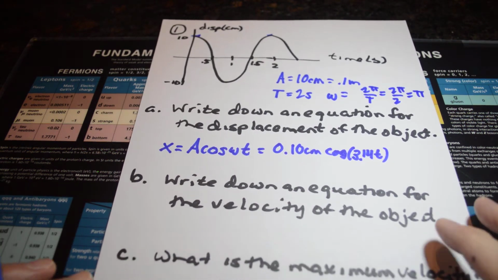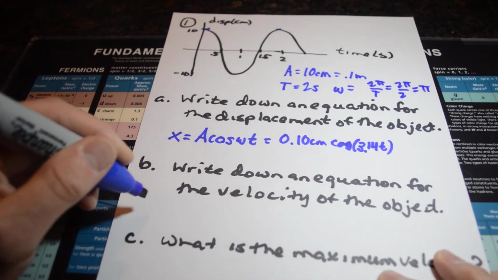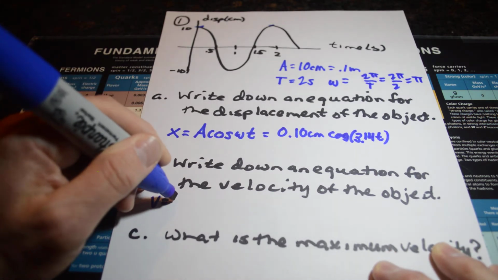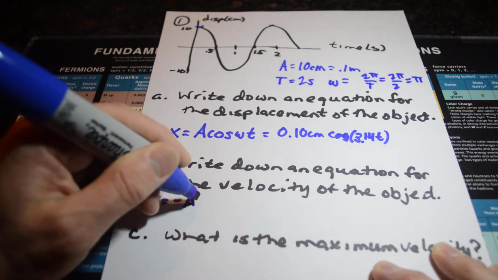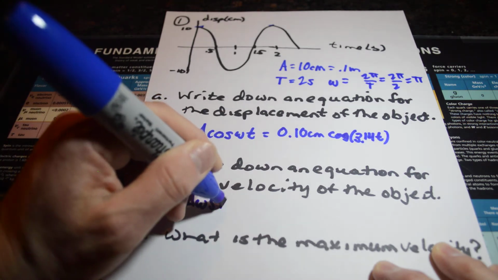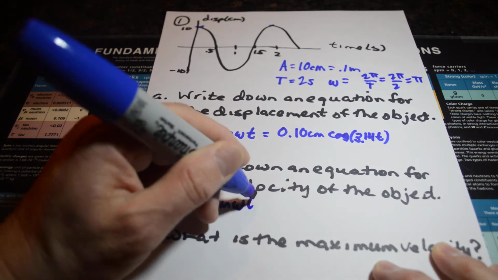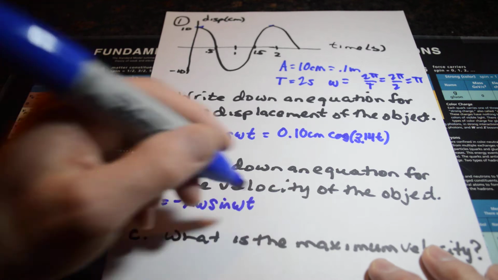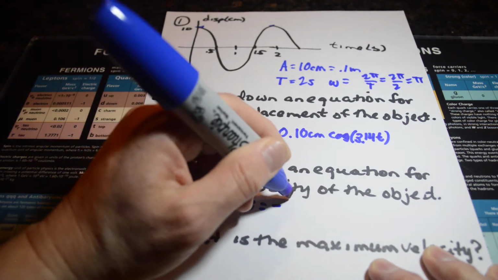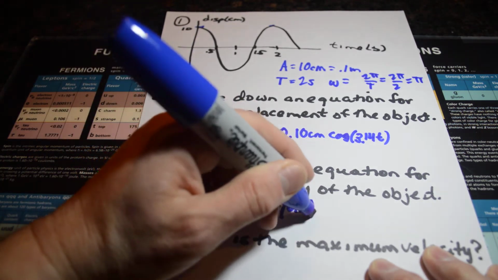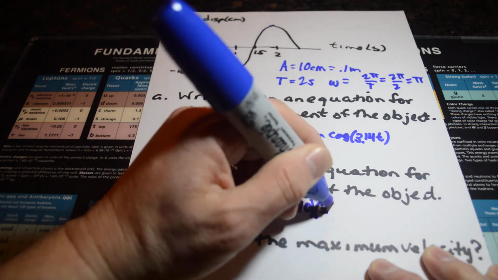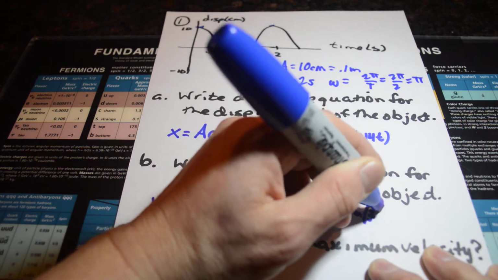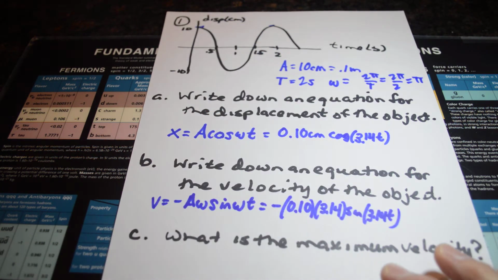Make sense? Okay. Write down an equation for the velocity. Well, the velocity, if you're using calculus, you might take the derivative, but instead we just say in class it's minus A omega, and then that will give you the derivative of cosine as sine, but you can just write it as sine omega t. Substituting, this is going to be minus 0.10, omega is the 3.14, and then you'll have the sine of 3.14 times t.